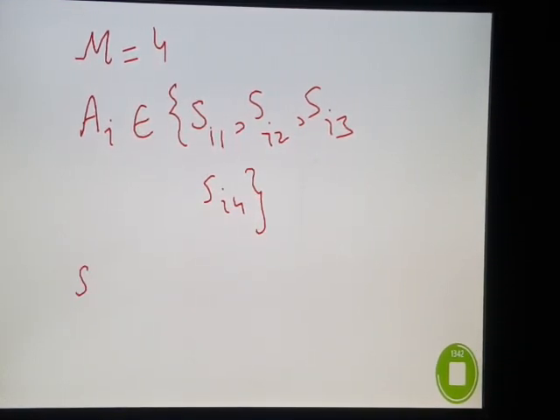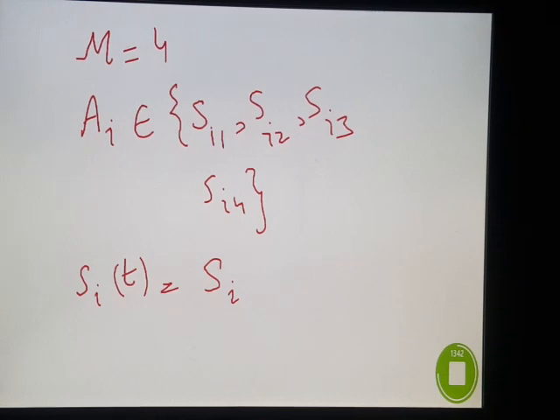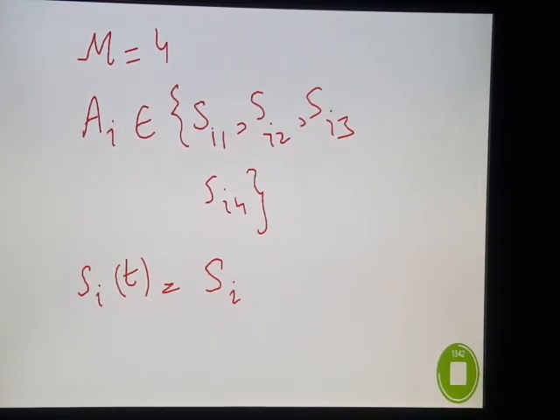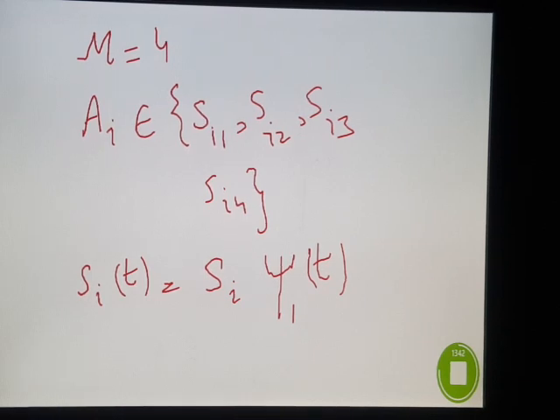Each signal can be written as Si. Instead of writing it this way, let me use the notation which we have already learned in the previous lectures.